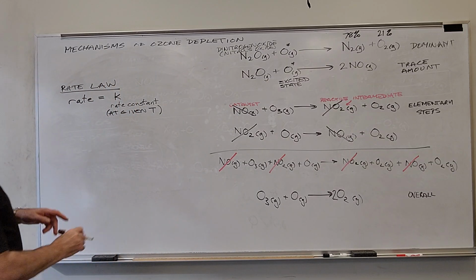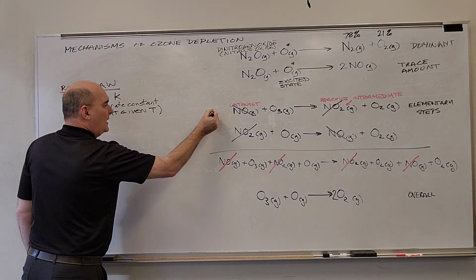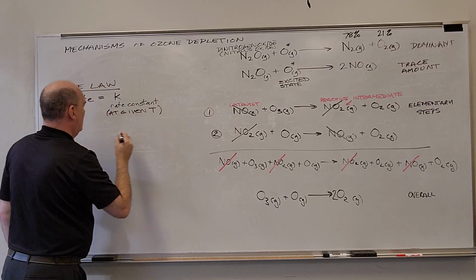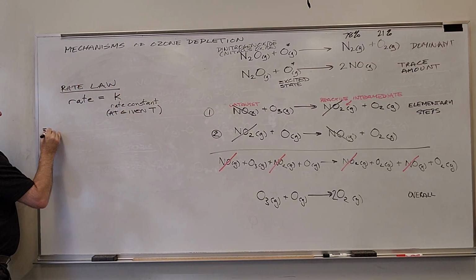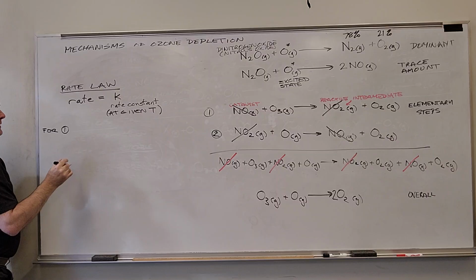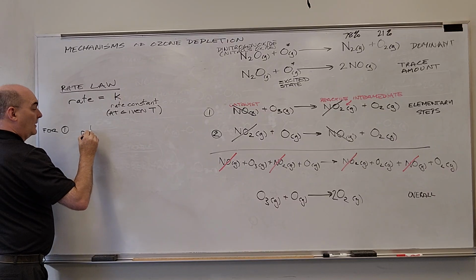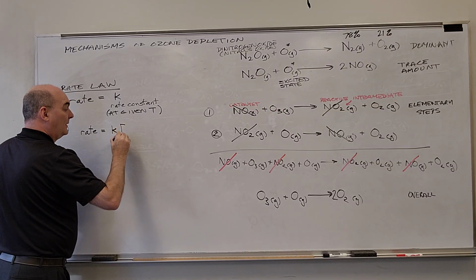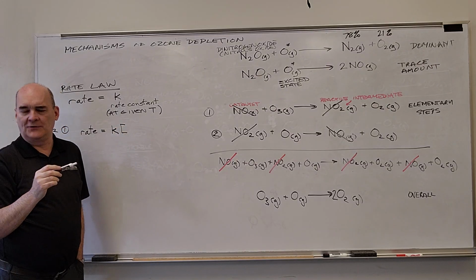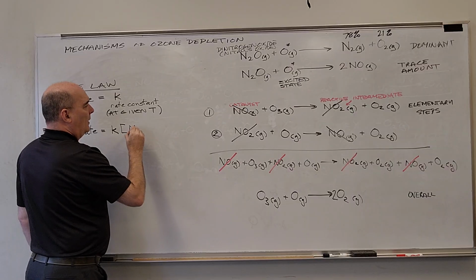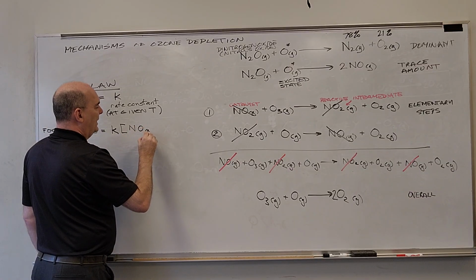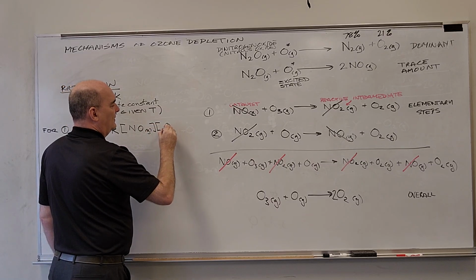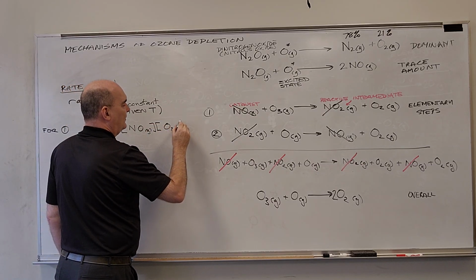Okay, so this is line 1, and this is line 2. For line 1, rate is equal to K, concentration, square brackets means concentration, of NO in the gas phase multiplied by the concentration of ozone in the gas phase.